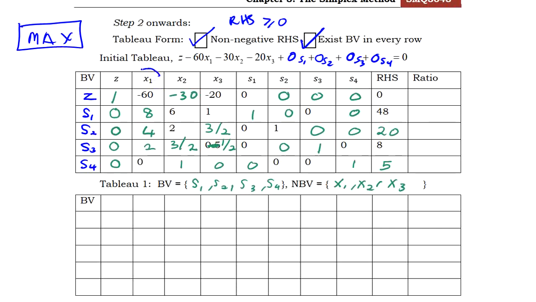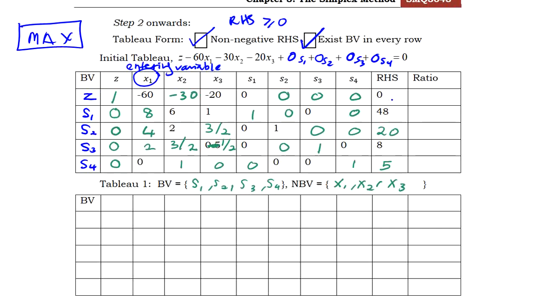So in this case, x1 will be the entering variable, because negative 60 is the most negative coefficient on row 0.